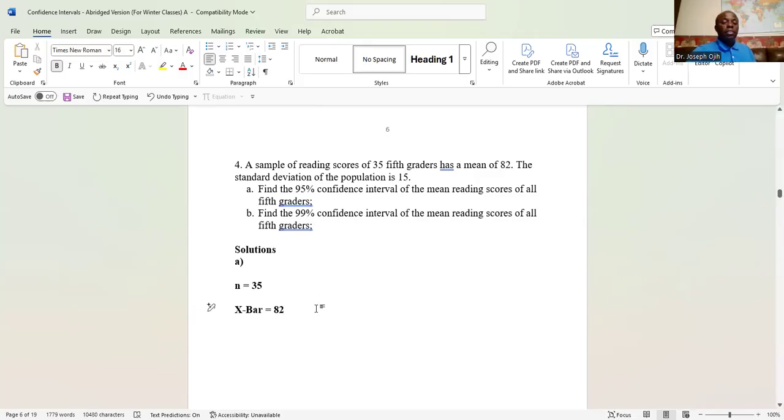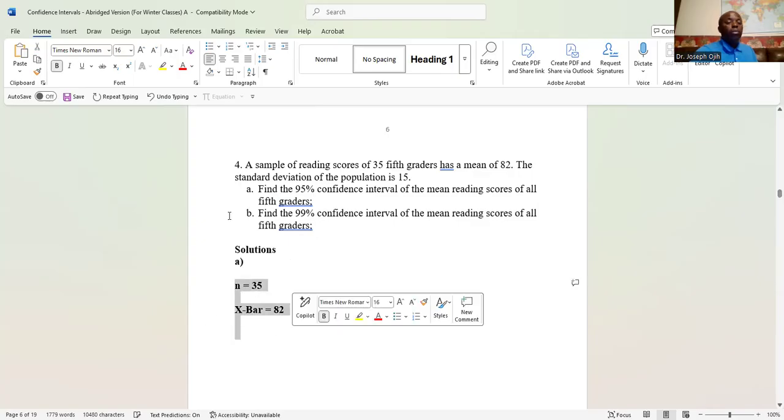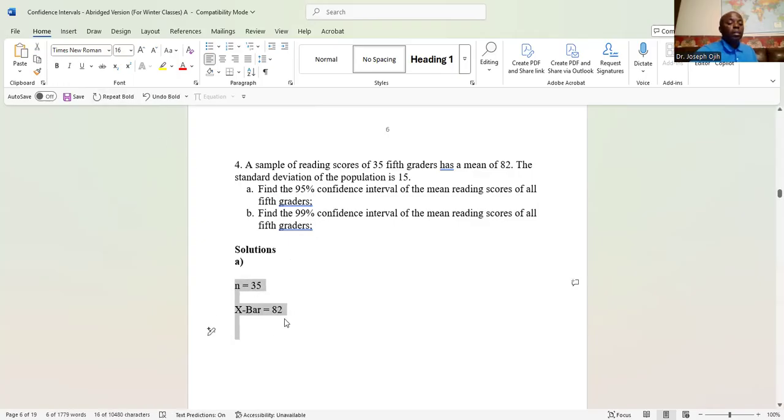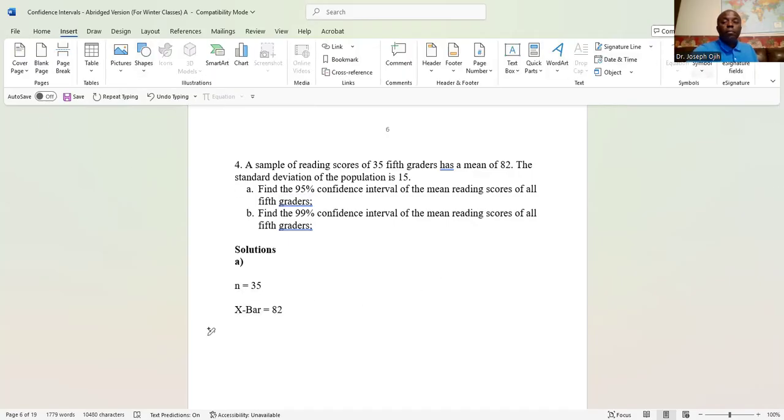And the standard deviation of the population, delta, equals 15.